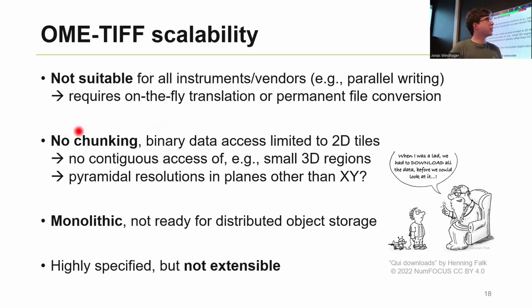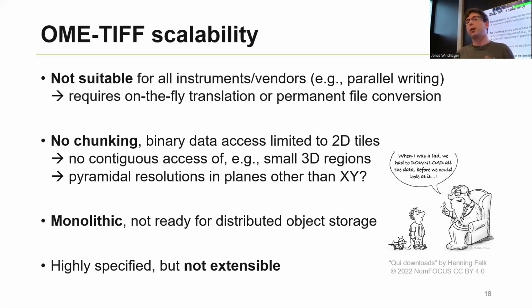But what is actually the biggest problem when it comes to scalability of TIFF is that it does not support chunking. And what I mean by that is that the binary access to image data within an image is limited to these 2D tiles that I was mentioning before. So you can only load 2D tiles at once.